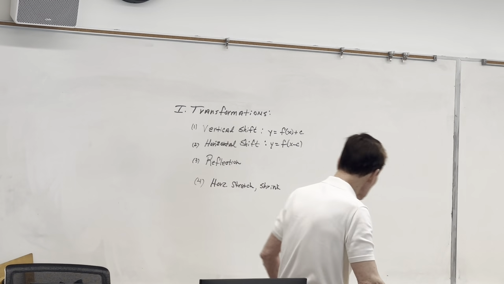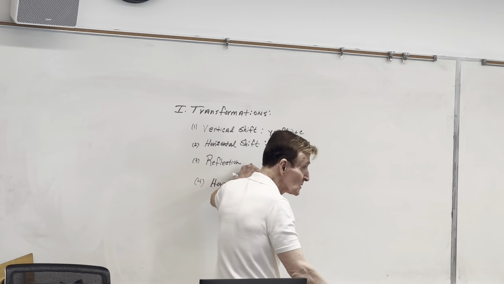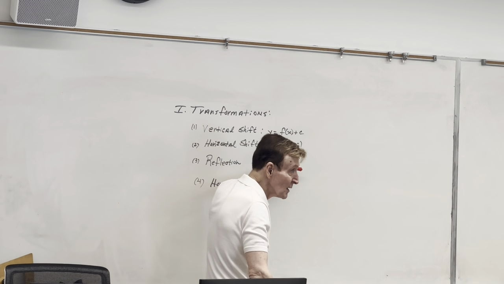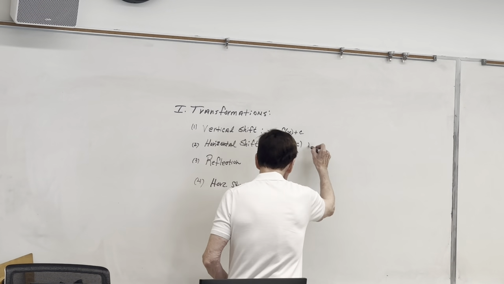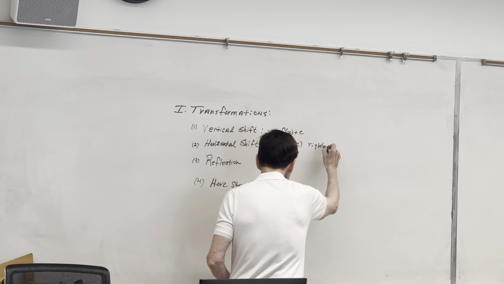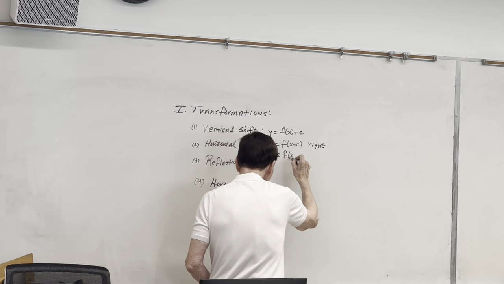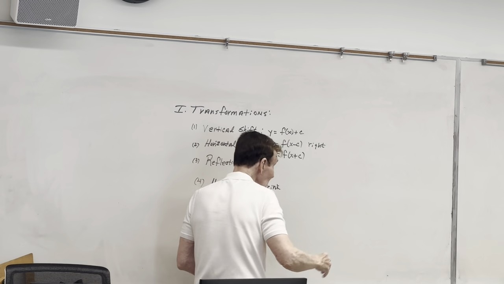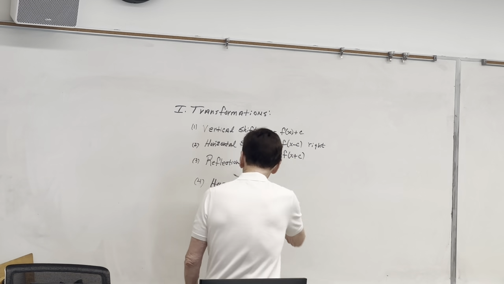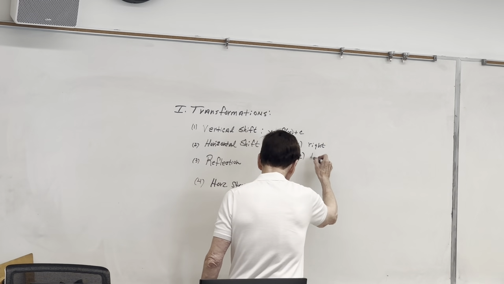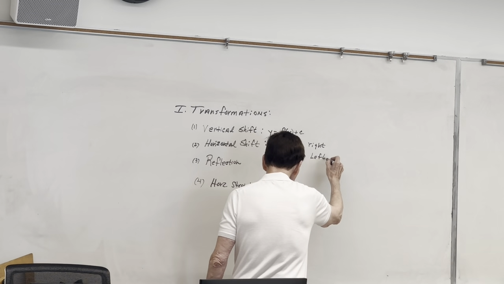And I have it under the category of horizontal shift. So it's going to be shifted in which direction? To the right. Just a quick review here. If it looks like this, there's an x plus c. Again, it's going to be a horizontal shift, but this time to the left. So many units.